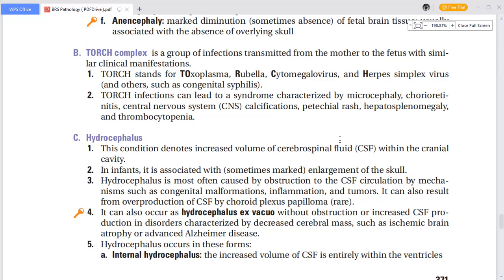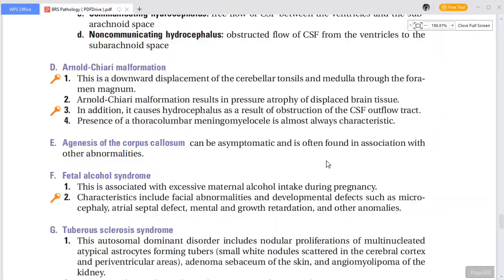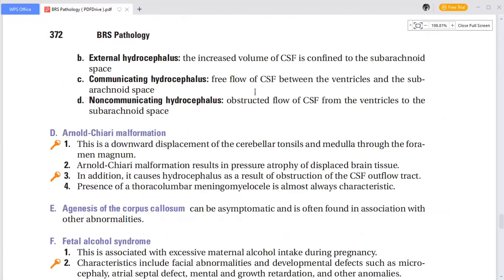So for communicating hydrocephalus, what happens is that there is no obstruction between the ventricles and the subarachnoid space.